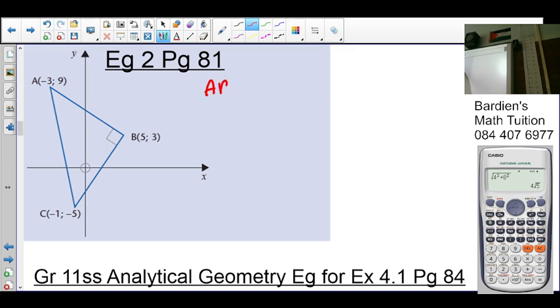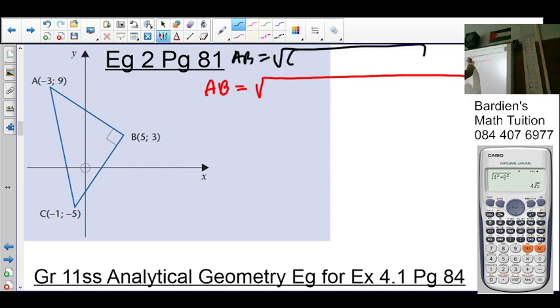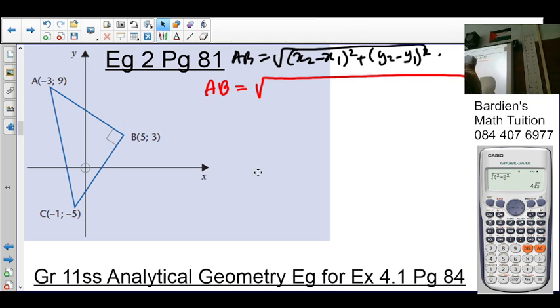So let's go. The length of AB is equal to the square root of, who remembers the formula? AB is equal to the square root of (x2 minus x1) squared plus (y2 minus y1) squared. So AB, what's the coordinates of A?